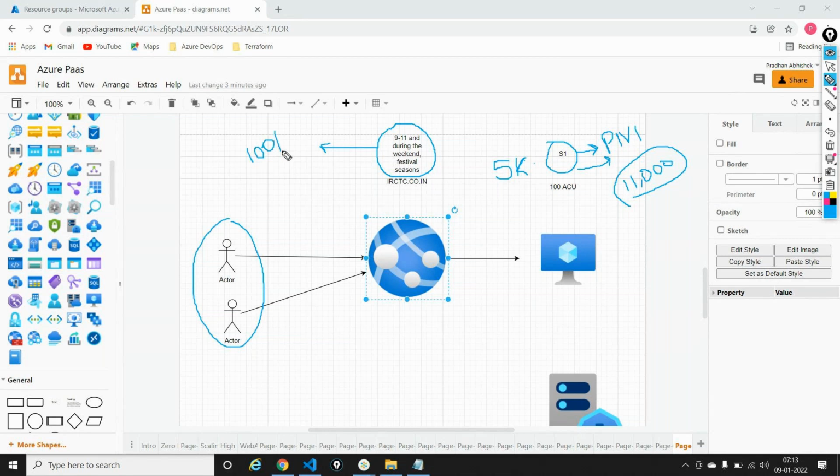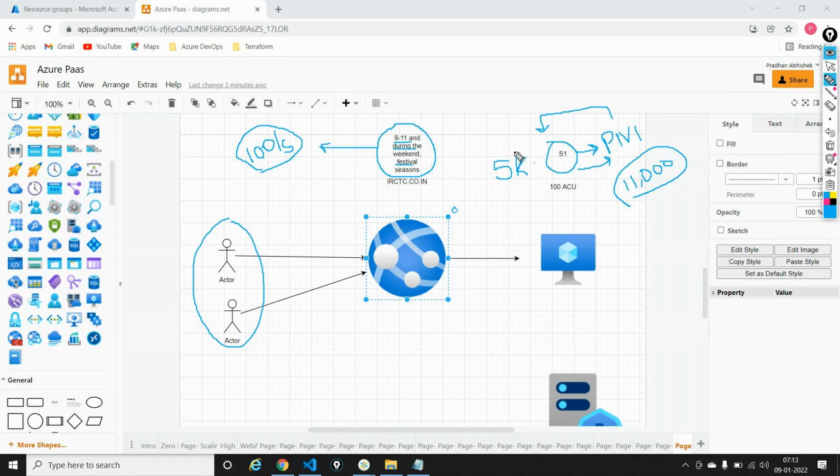Meaning, apart from this 9 to 11, or apart from weekends, or apart from festival seasons, I do not see so much traffic. So should I come back to S1 again? Because I am paying around 11,000 only for these hours. But for the remaining hours, I do not really have that much traffic.